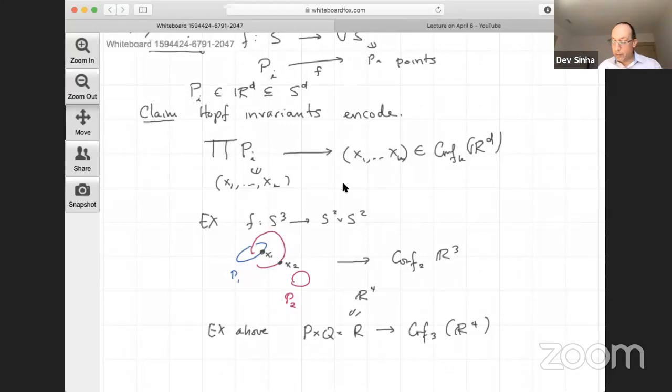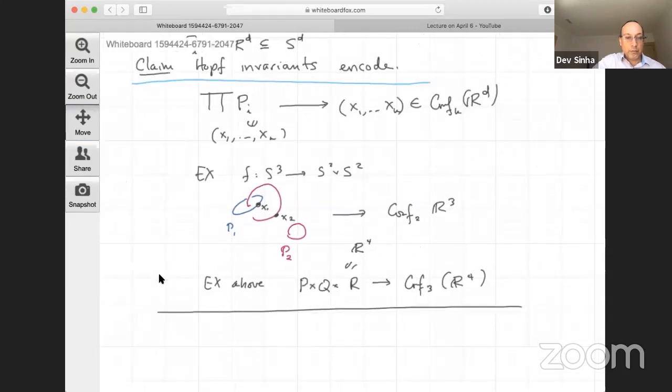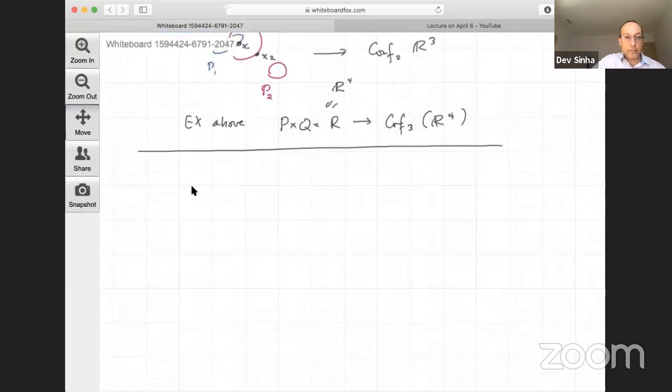So let's look at this claim that Hopf invariants encode, and let's start discussing why these two approaches are the same. Hopefully folks were able to either attend or download the catch-up lecture, because we'll now use some facts about configurations.